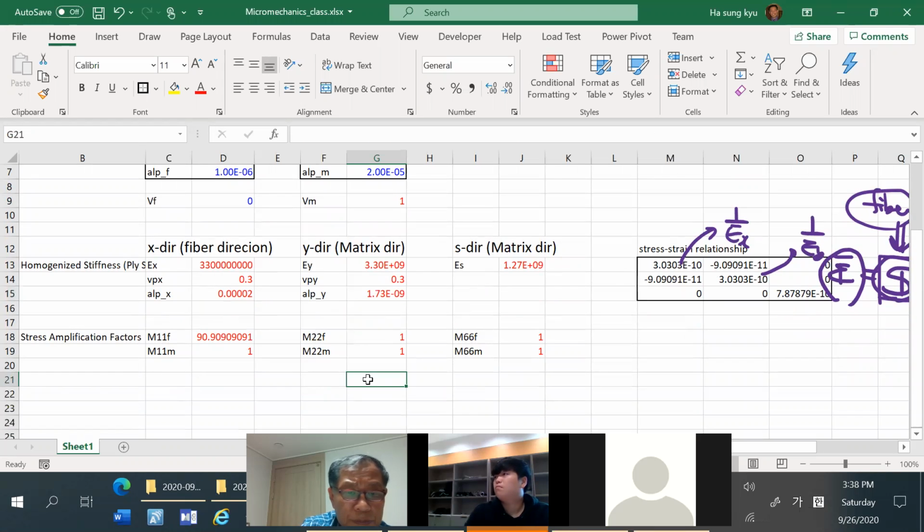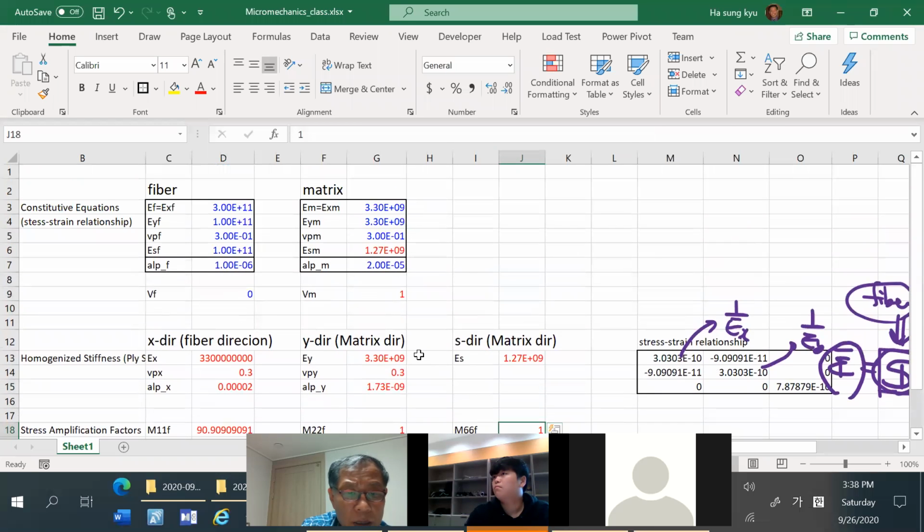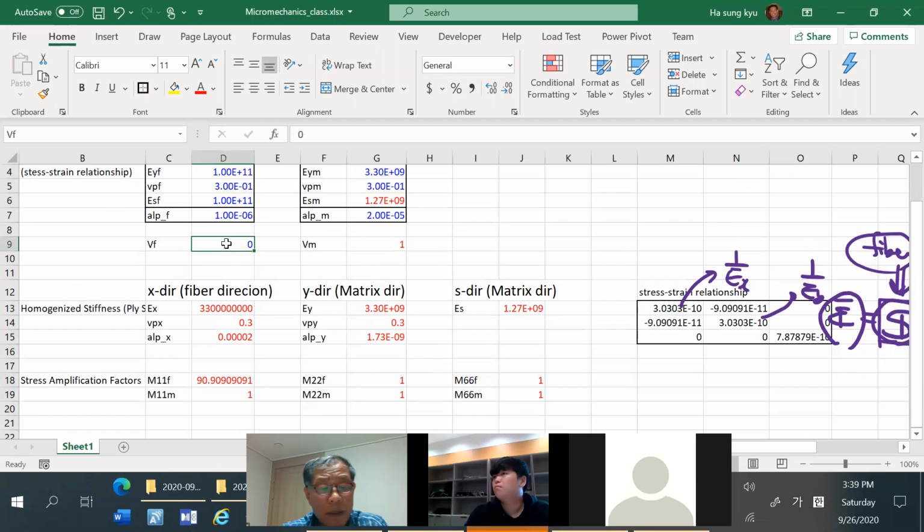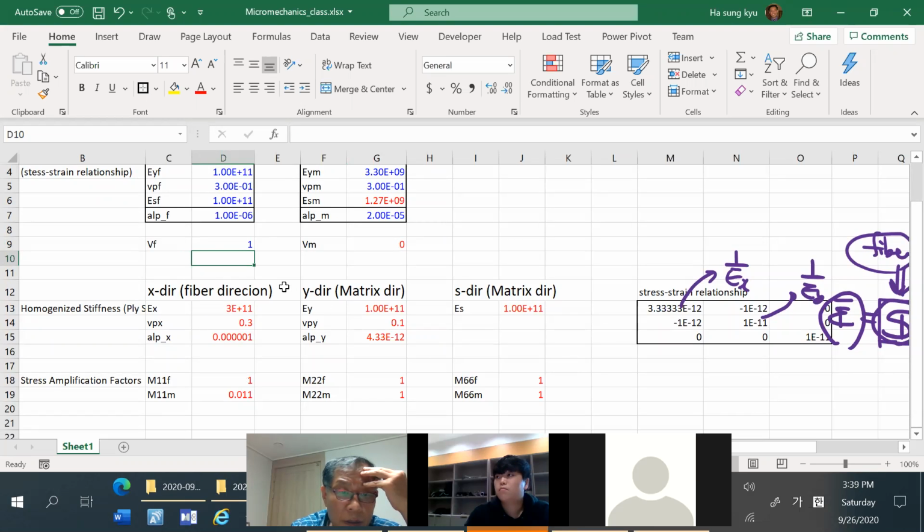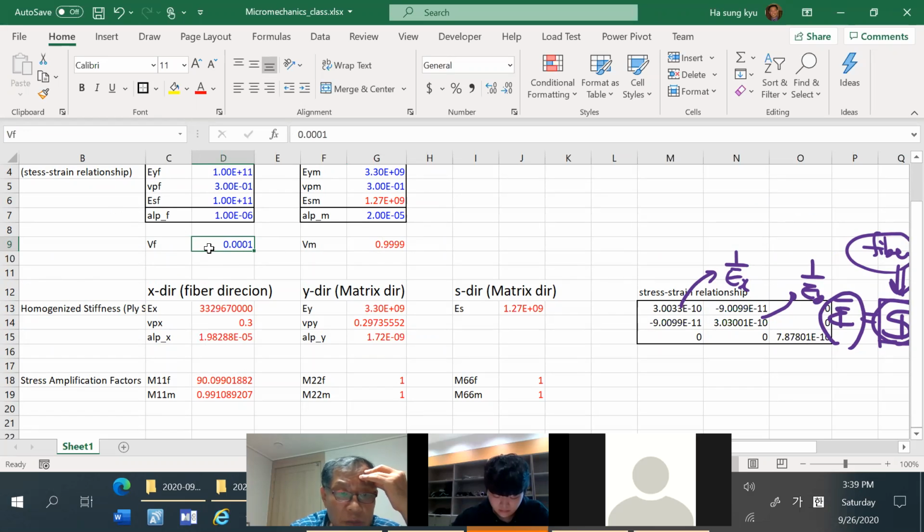Okay, so this one is also important. When we have a very small amount of fiber, pay attention to the final form and the stress amplification factors.